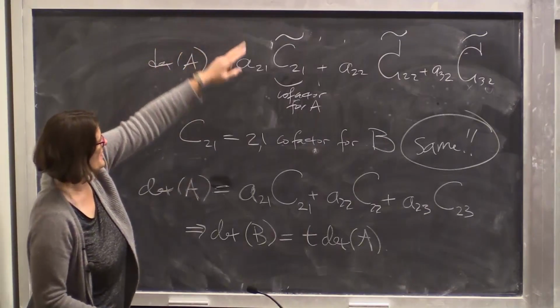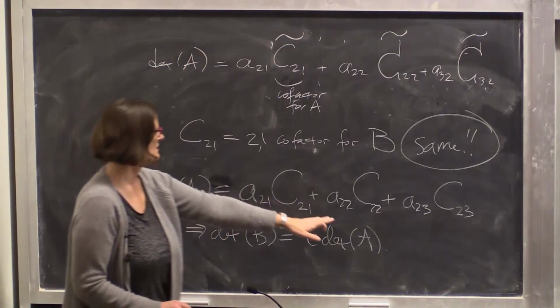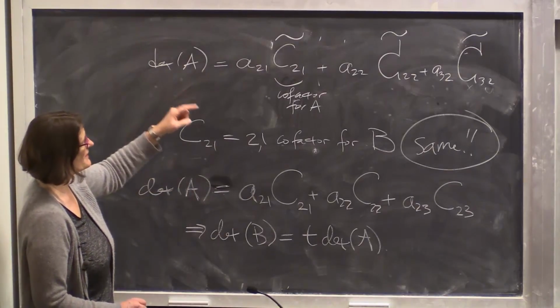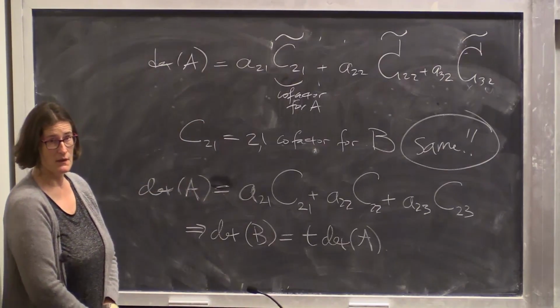And T times that thing equals the determinant of A, because the 2-1 cofactor of A equals the 2-1 cofactor for B, and so on.